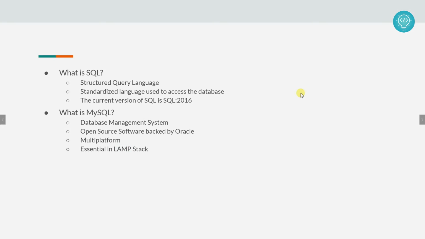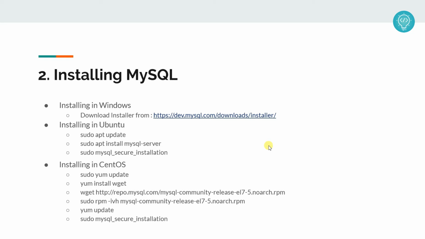Finally we will be getting our hands dirty and we will be downloading and installing MySQL. If you are in Windows or any other system, you can just go to dev.mysql.com as shown here and download MySQL for your appropriate system.